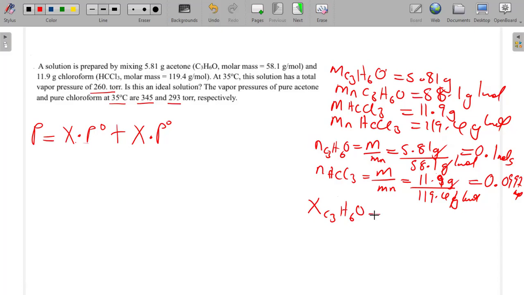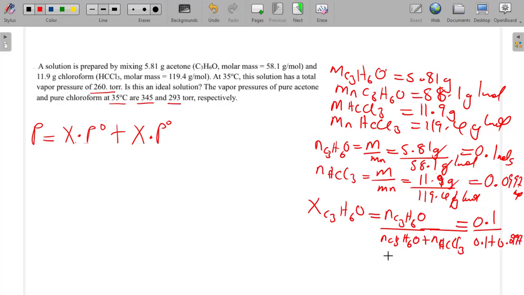That will be equal to the number of moles for C3H6O divided by the number of moles for C3H6O plus the number of moles for HCCl3, chloroform. So this will be equal to the number of moles for acetone, 0.1, divided by the number of moles for acetone, which is 0.1, plus the number of moles of chloroform, which is 0.0997, isn't it?